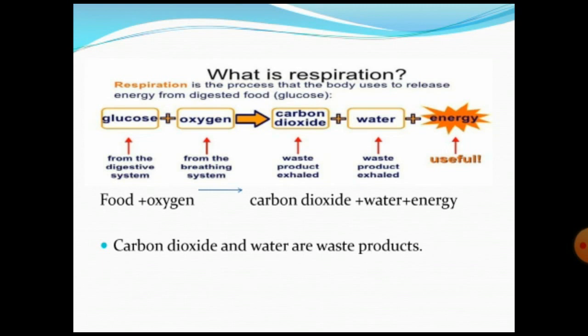It means that it is no more useful for a living body, plus water, which is also a waste product that is not useful now, plus energy is released, which is a useful thing for all living things to carry out their life processes.